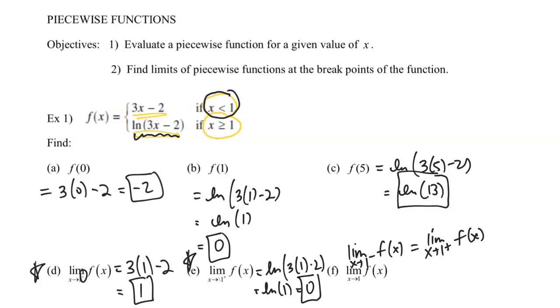But because that's not the case here in this example number 1, because this limit, which was equal to 1, is not equal to this limit, which is equal to 0, we say that this limit does not exist.